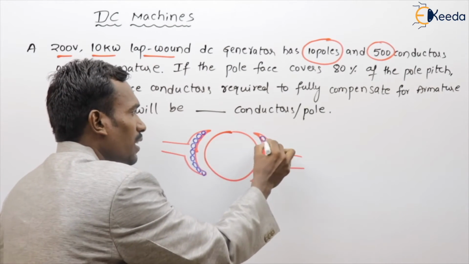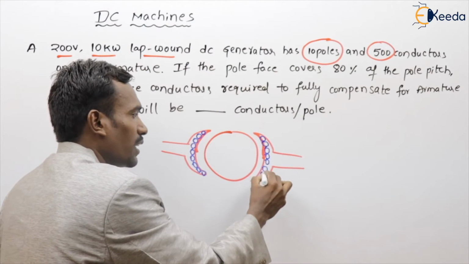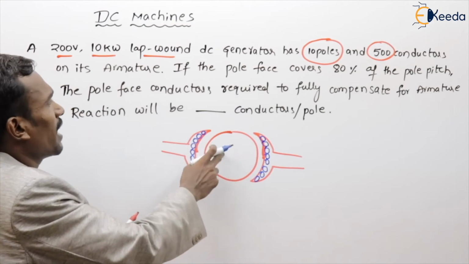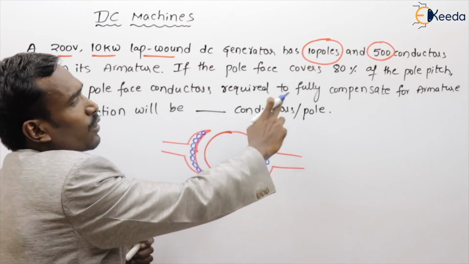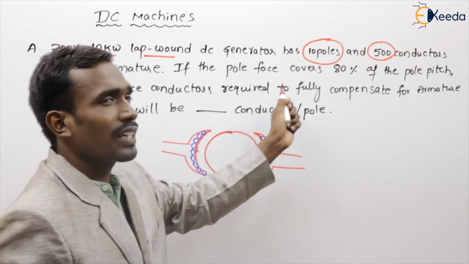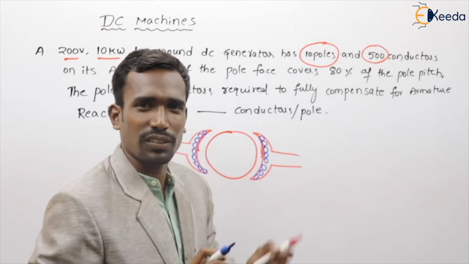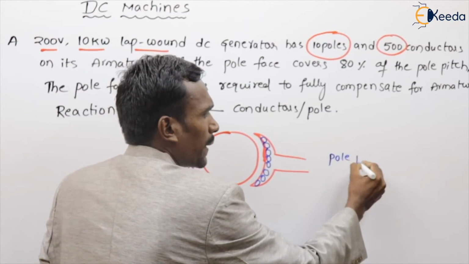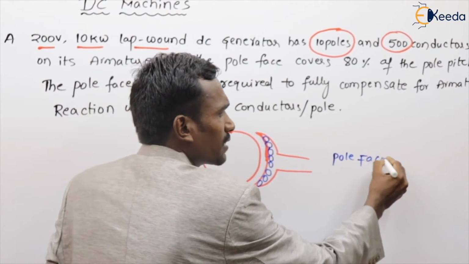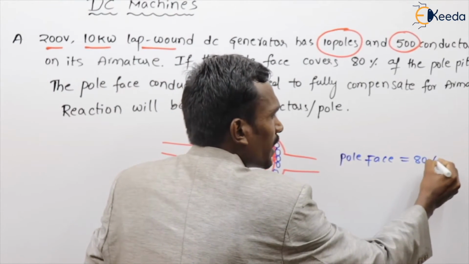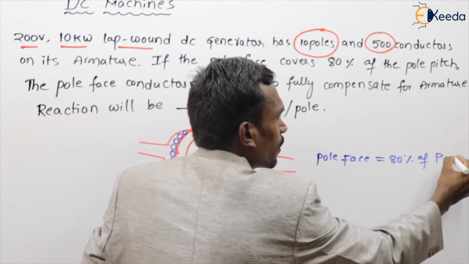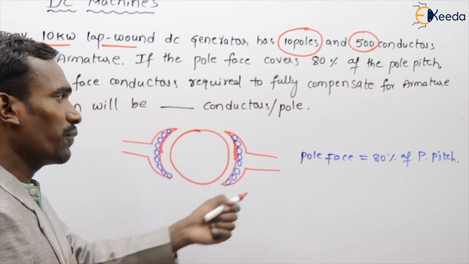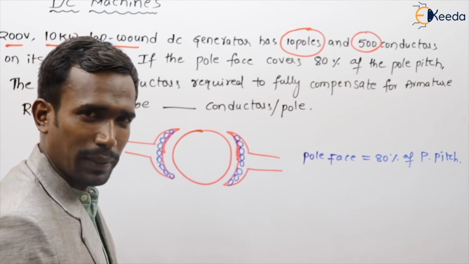They gave that the pole face is equal to 80% of the pole pitch.